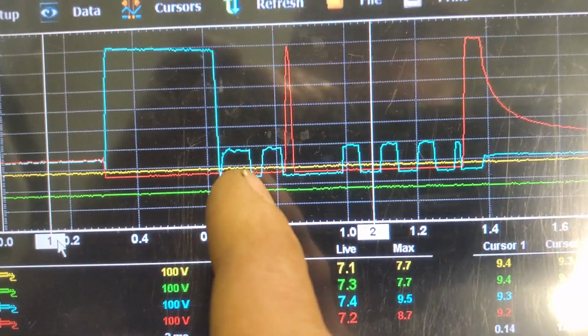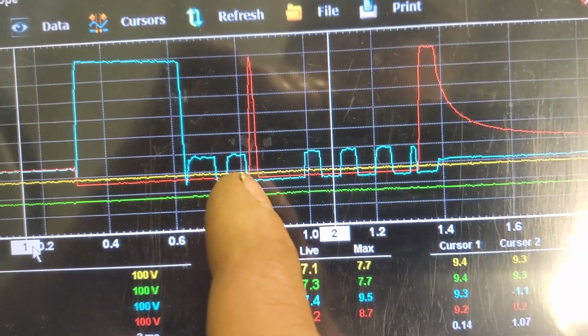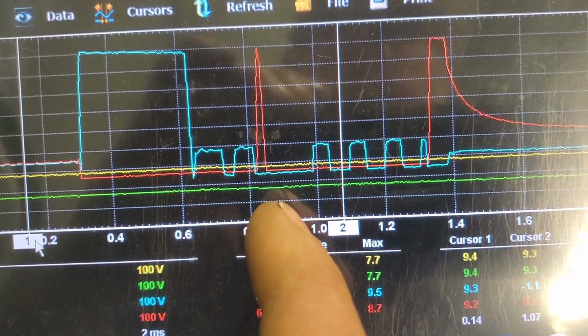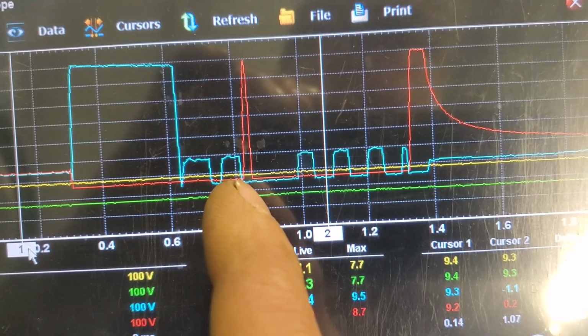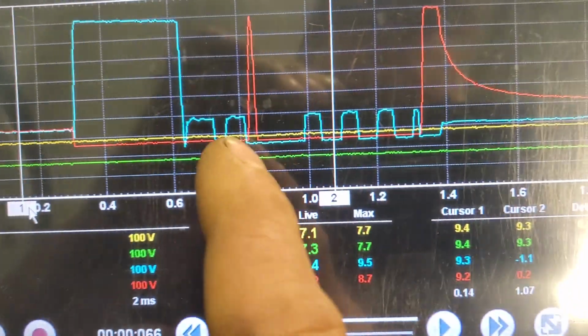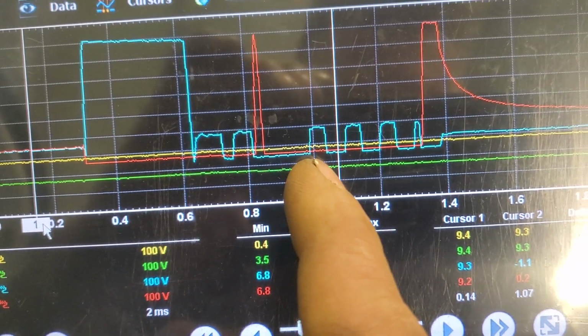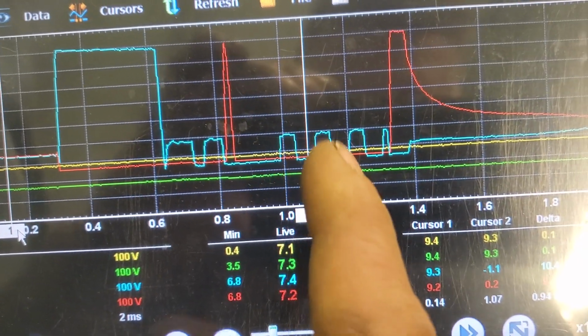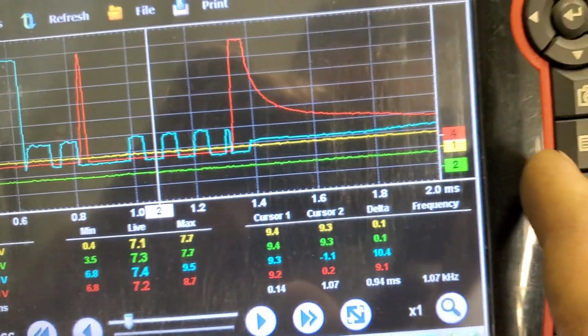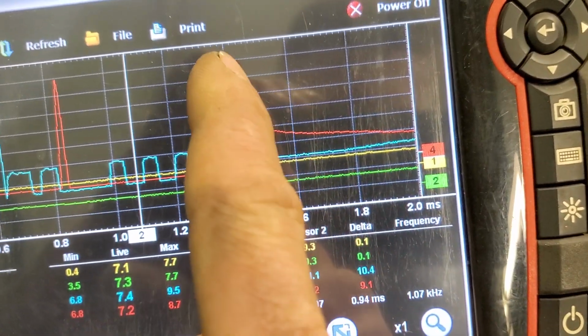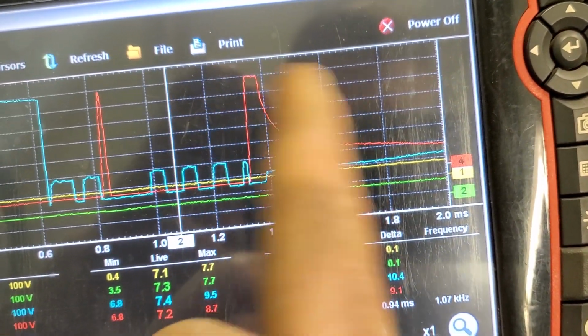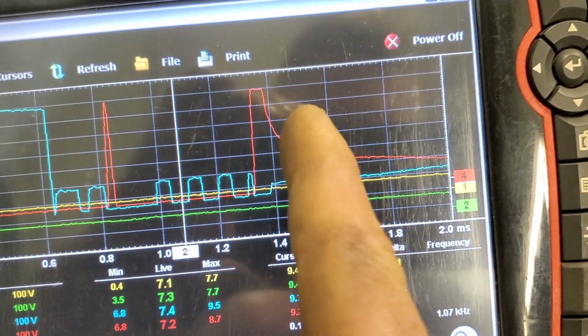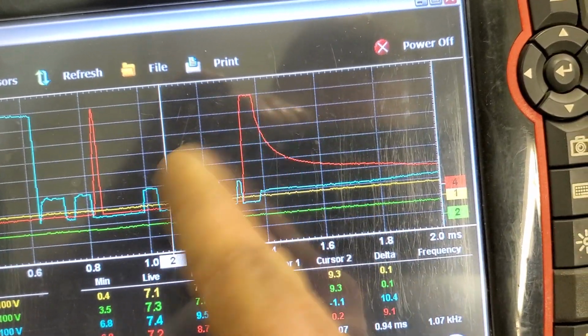Then you can see that it pulses the control to 12 volts, and then we get another spike on our supply, and then again it pulls that control down to ground, holds it, pulse to pulse to pulse, boom, we got a fire right there, and that's our injector. Then of course it cuts off the top of that, whatever they call that Zener dump, I think is what Danner calls it.